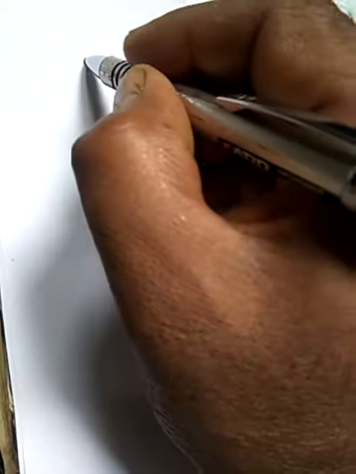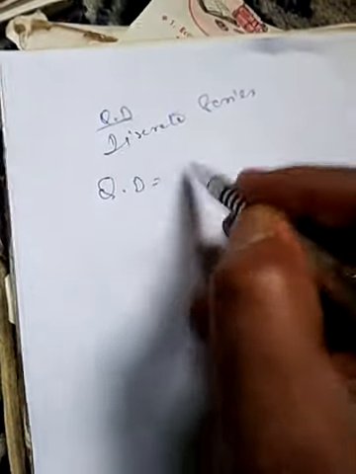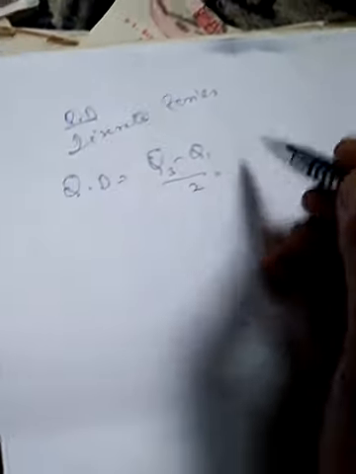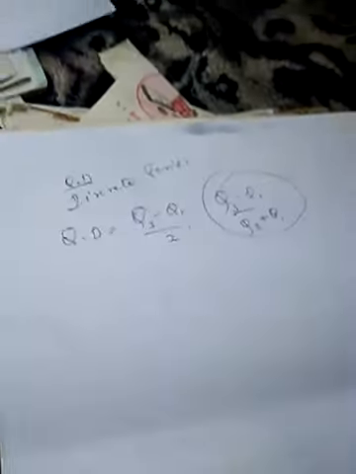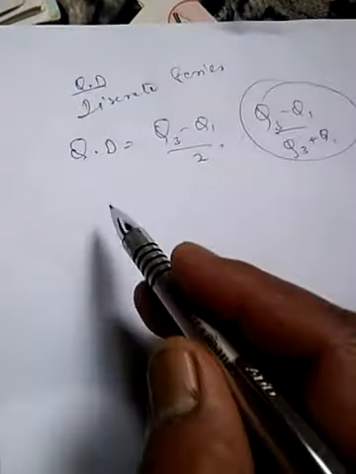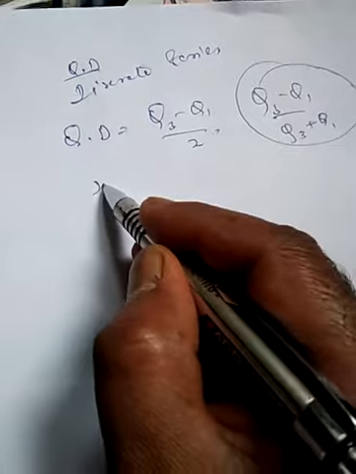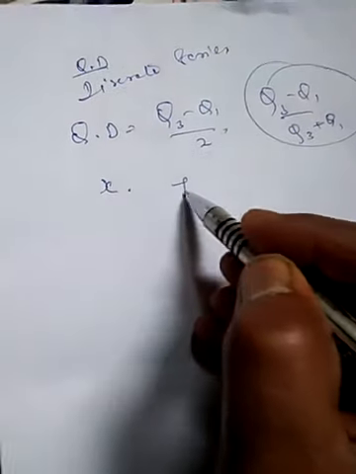But one thing you have to remember, that for the calculation of this QD for discrete series, the formula is same. QD is equal to Q3 minus Q1 divided by 2, and for coefficient Q3 minus Q1 upon Q3 plus Q1.